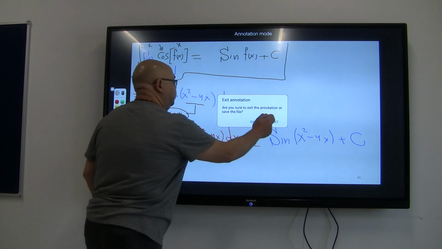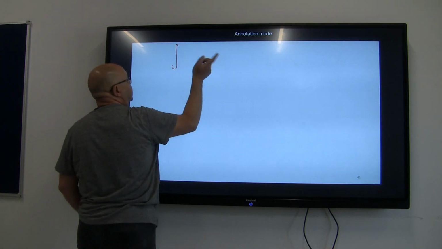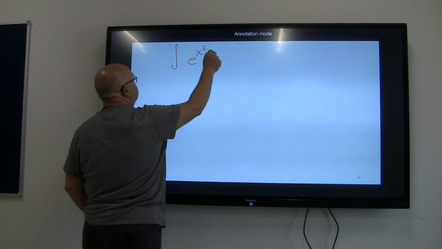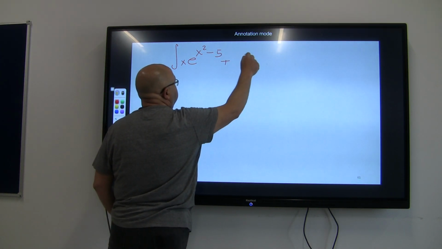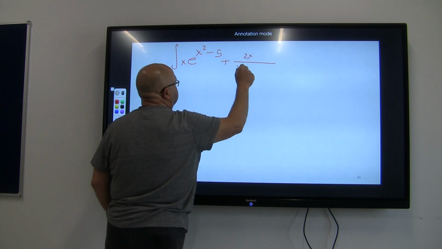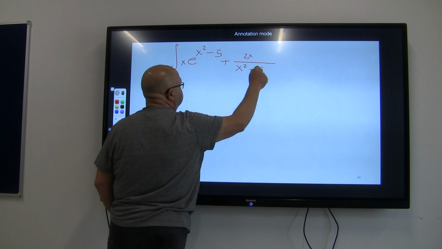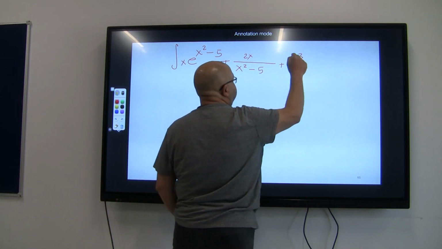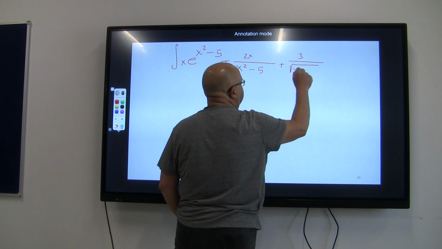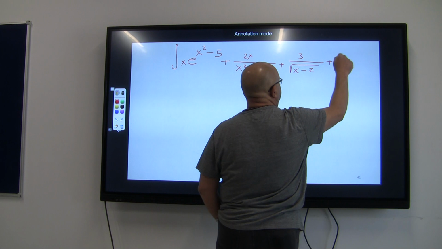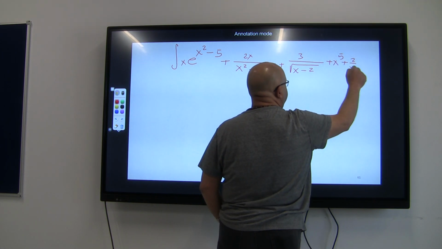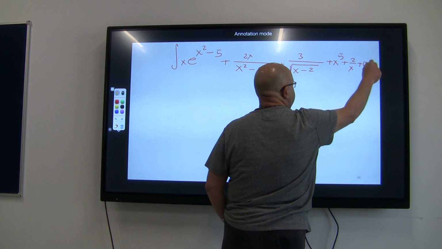I want to give you another problem, like a bunch of smaller problems connected all together. If I want to integrate, let's say, e to the power x squared minus 5, times 2x, plus 2 divided by x, plus x to the power of 5, plus 3 times the root of x minus 2, plus 1 over x squared minus 5.